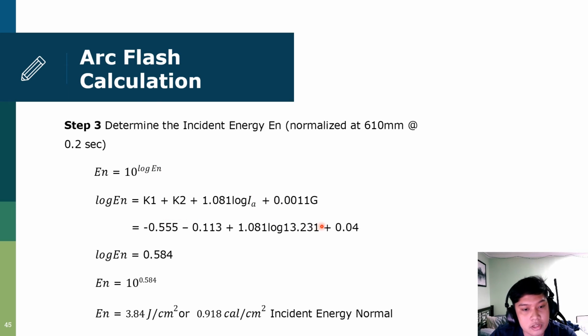Substituting the variables, this is the formula. Now, the answer to this formula is 0.584. Substituting this value to this one, which is 10 raised to 0.584. The answer to that is 3.84 joule per square centimeter, or 0.918 calorie per square centimeter.